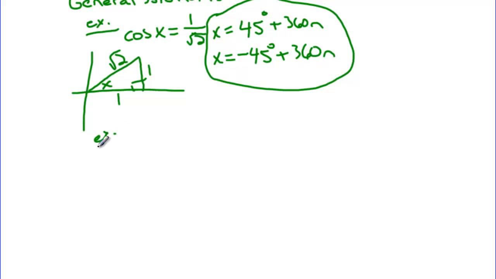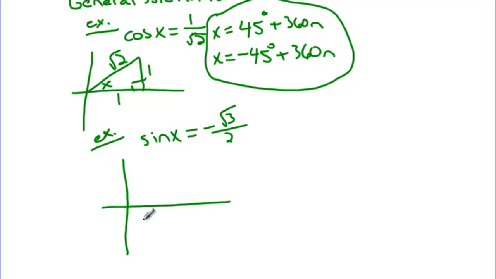So let's do sine. So let's have an equation, sine of x equals negative square root of 3 over 2. Not any better there. Sine of x is negative, so I'm going to put that down here in quadrant 4. And sine is opposite over hypotenuse.